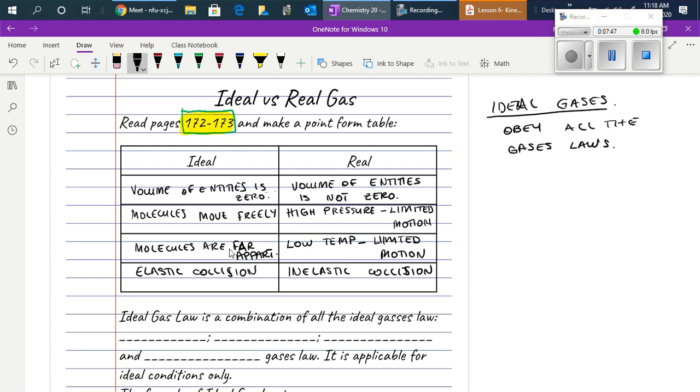It doesn't matter what the condition is, high pressure or low temperature, they still will obey those laws. But we know that actually this is not a real situation. It's a hypothetical situation.